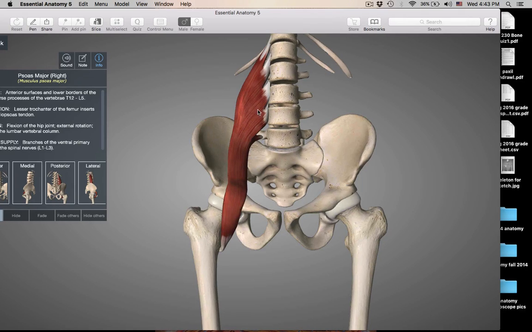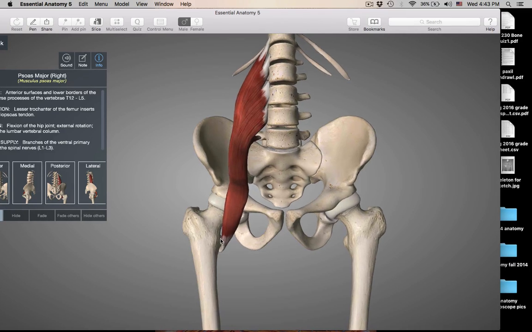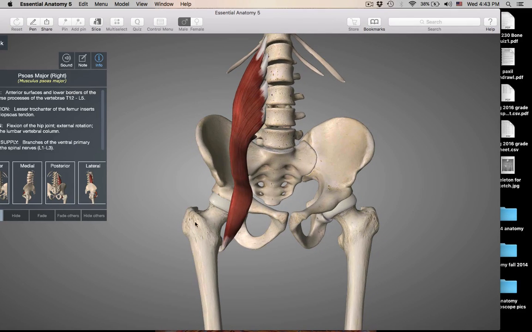So this muscle, which is in the abdominal cavity, is going to be leaving the abdominal cavity and going out through this area, going under the inguinal ligament, and it's going to attach to the lesser trochanter. The action you need to know for this muscle: it's obviously crossing the hip joint.